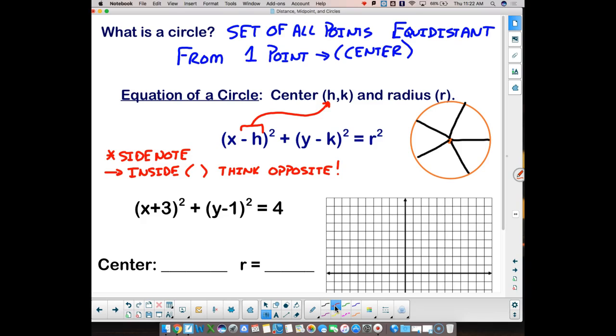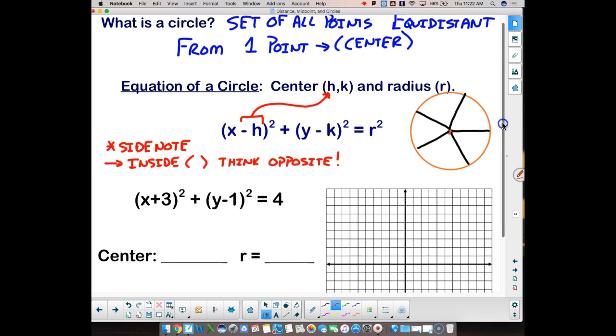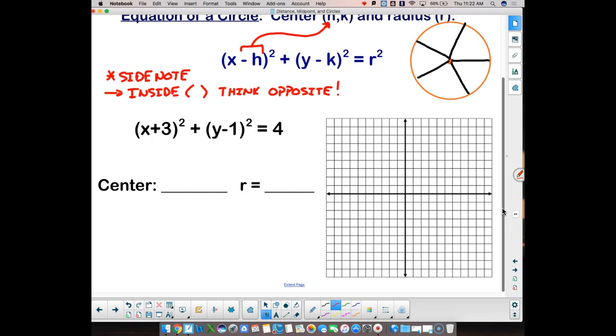So, here is the equation of a circle. And you can just sketch the circle after we get it graphed. Okay? The first thing that we need to identify is the center of that circle. So I need to find my h and my k.